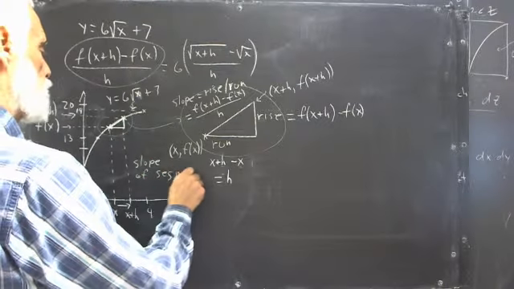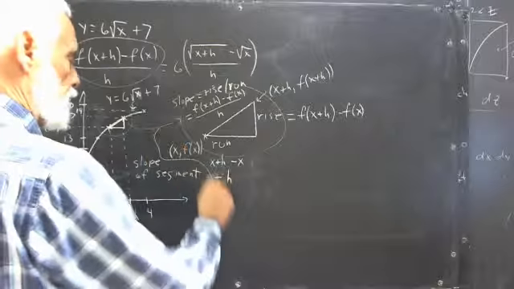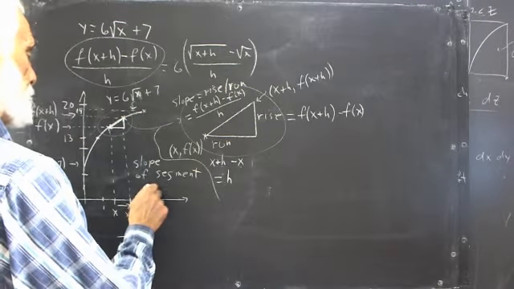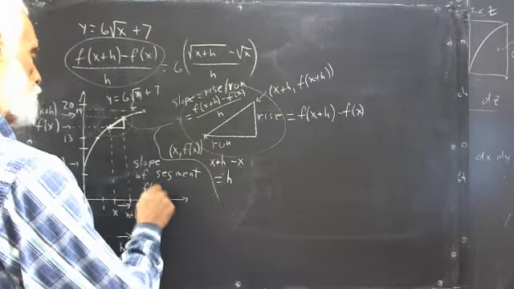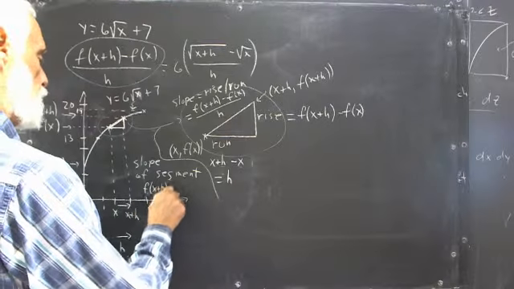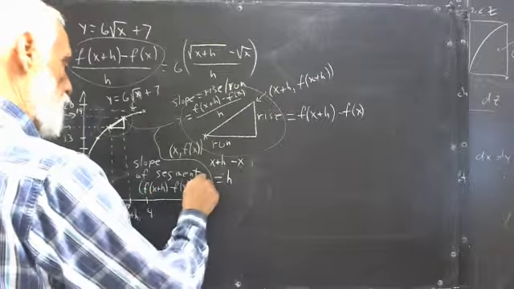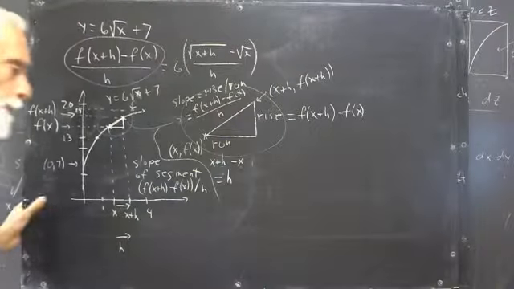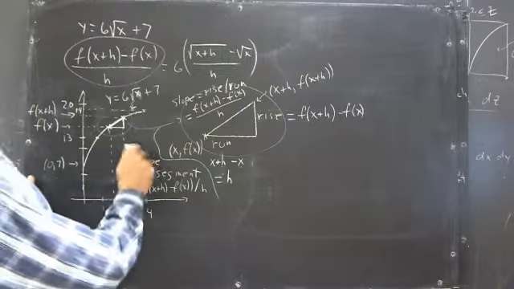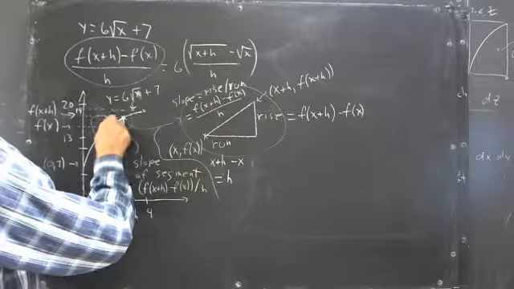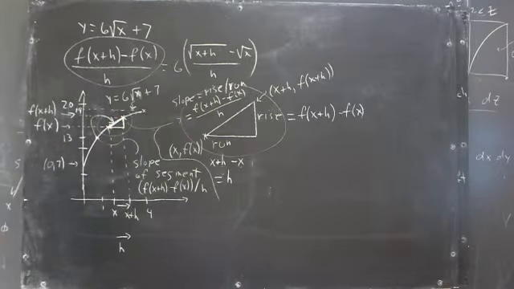The slope of the segment, and I mean by that line segment, is f of x plus h minus f of x divided by h. And that's the slope of this segment right here.